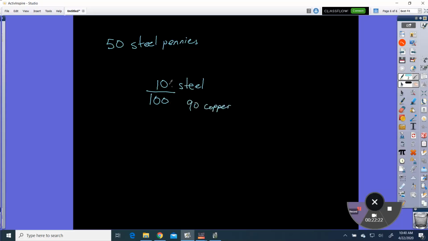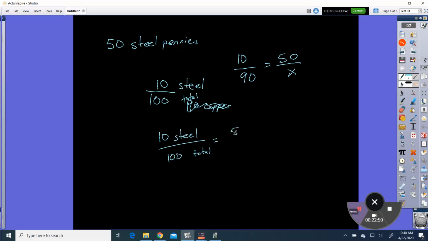Depending on how you want to set this up, you could say 10 is to 90 as 50 is to X. Or you could say steel to total: 10 steel to 100 total equals 50 steel to X over total. So this will reduce to be 1 over 10.